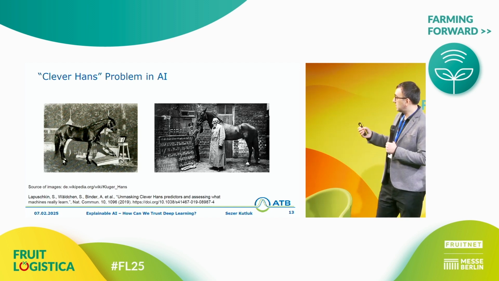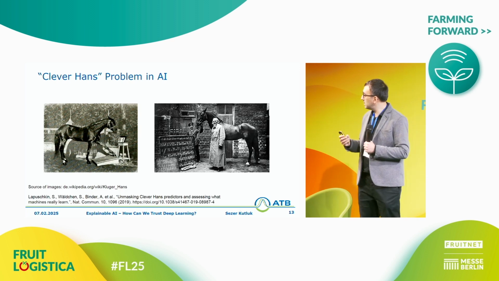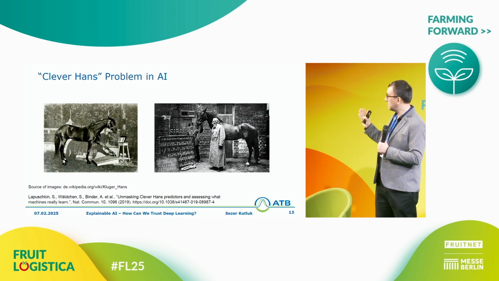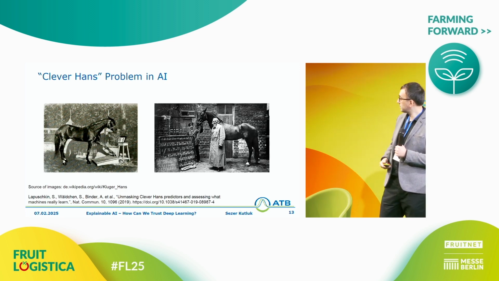So he doesn't have the arithmetic capabilities, but he just can make the correct decisions based on these false associations.